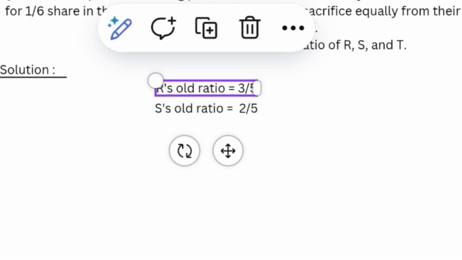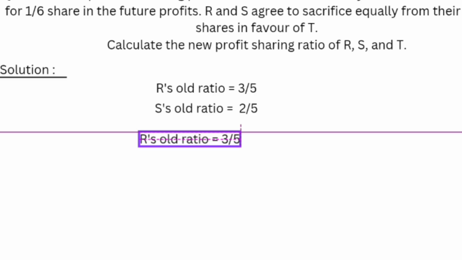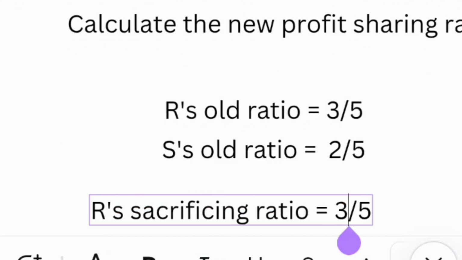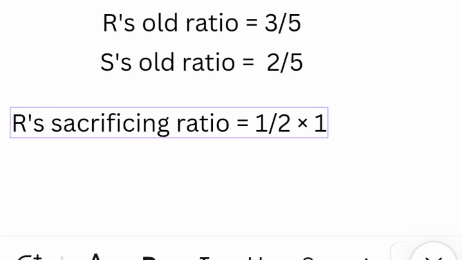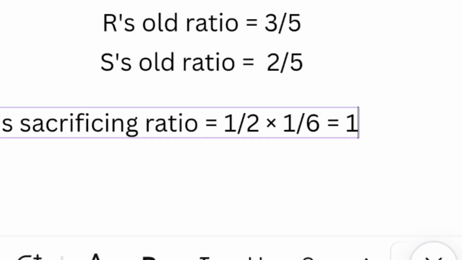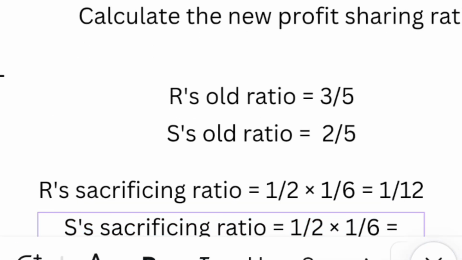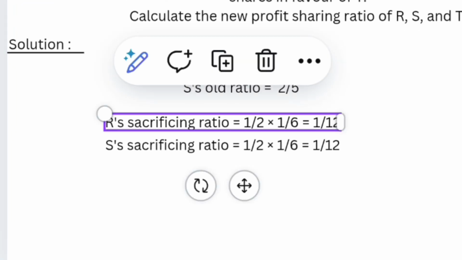Since they sacrifice equally, our sacrificing ratio will be 1/12 each. Now we'll calculate the new ratio.